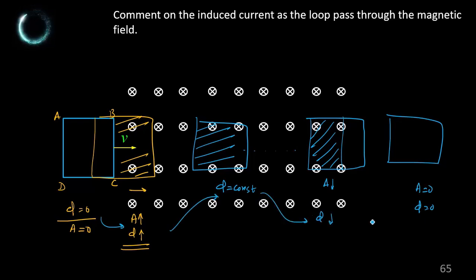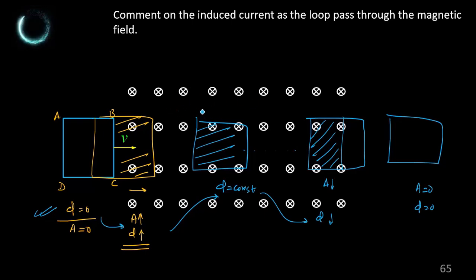Initially the flux is 0, because no part of the loop is inside the magnet. Once I move inside, the area increases, and area increase means flux will increase. It reaches the maximum value once the loop is completely inside the magnetic field.